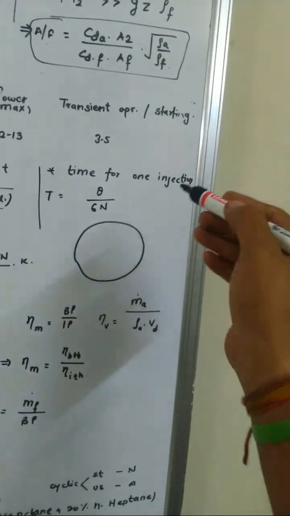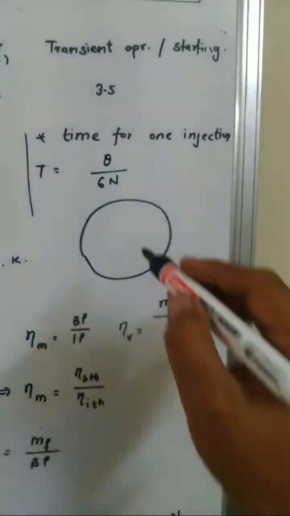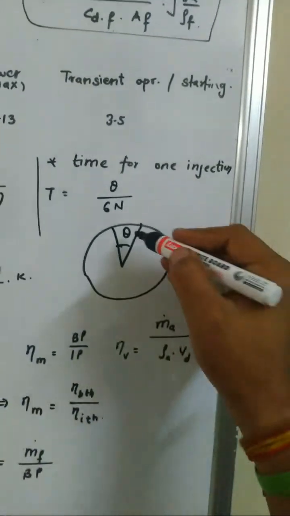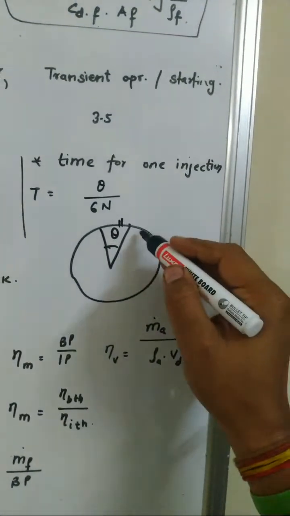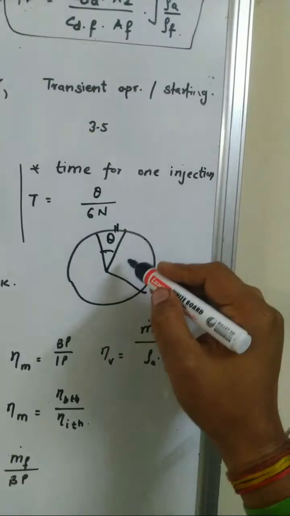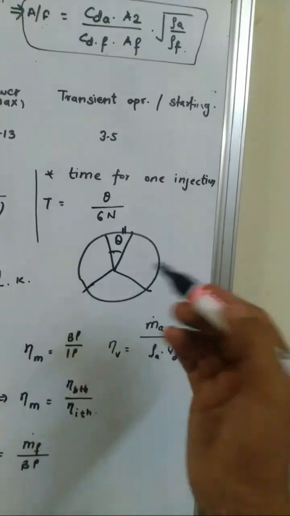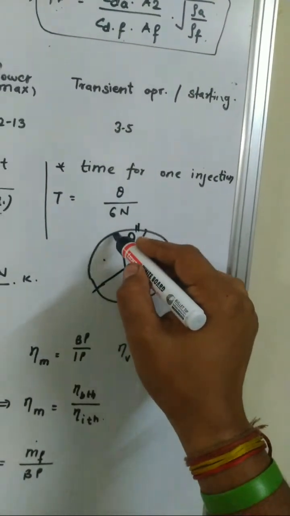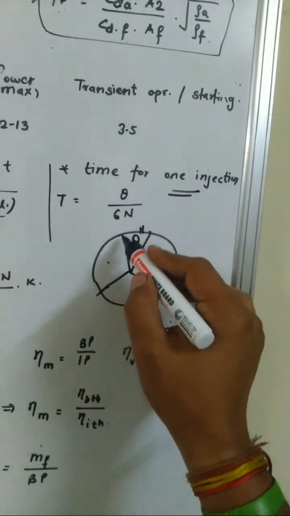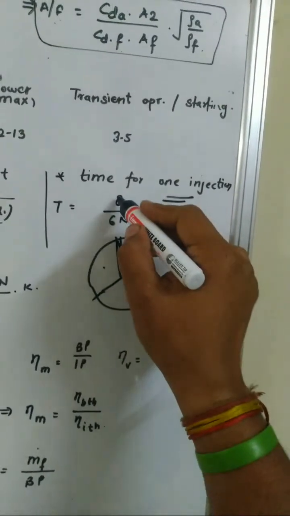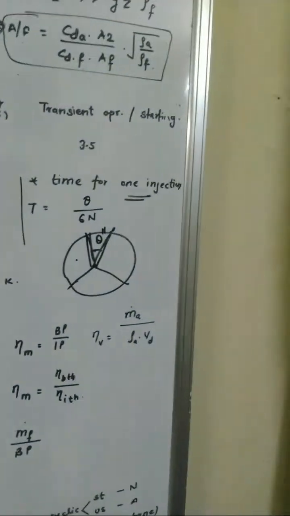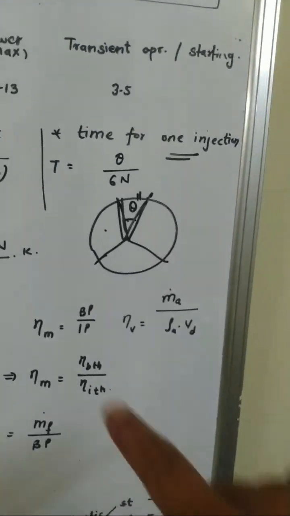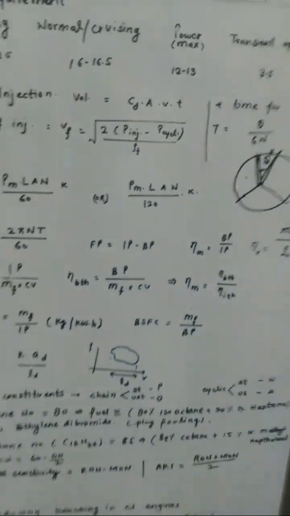There are, suppose, 4 steps or 4 strokes, so injection is only in this period. There is a fuel injection, then the fuel will be compressed, then the fuel will combust, burn, then expansion. Okay, so we are considering the time of injection, so the angle of injection only. So this will be theta divided by 6 into N. N is the number of rpm at which the engine is rotating.